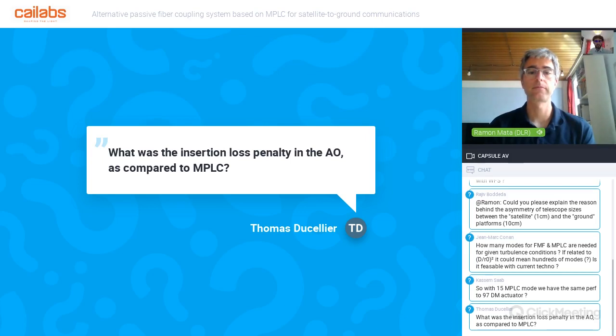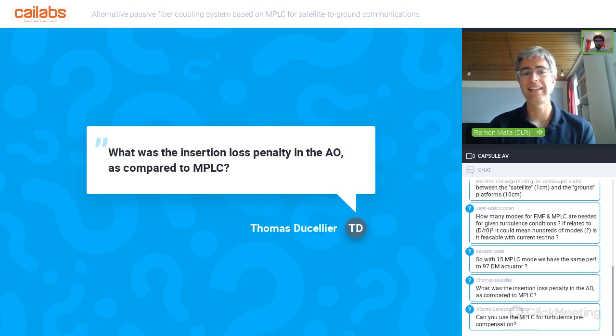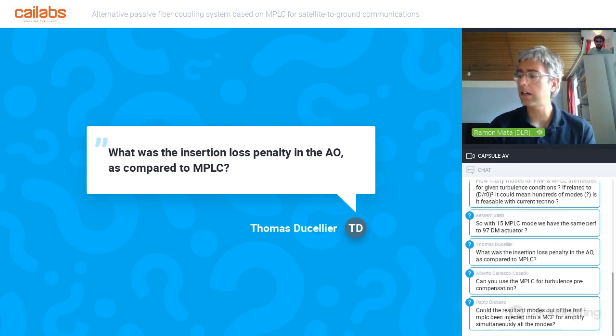Okay, the next question is also for you, I guess, Ramon. In terms of insertion loss penalty in the Alpao and the MPLC, it's 2 dB of insertion loss. What about the adaptive optics setup? In that case, I don't have the number in mind for the insertion loss.